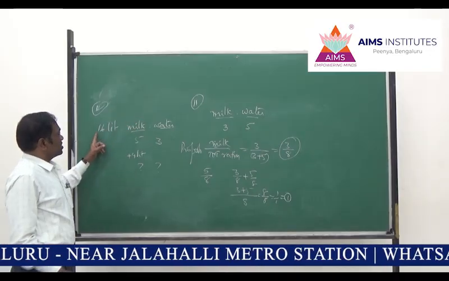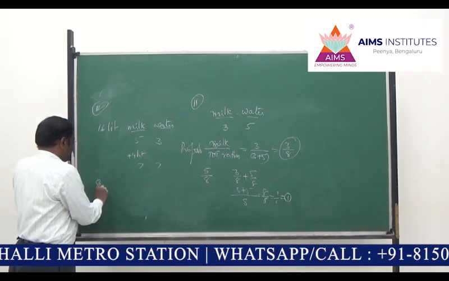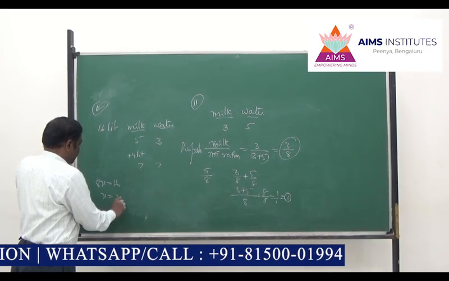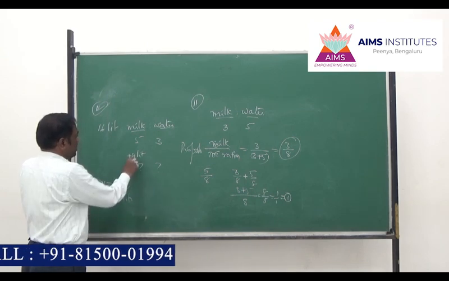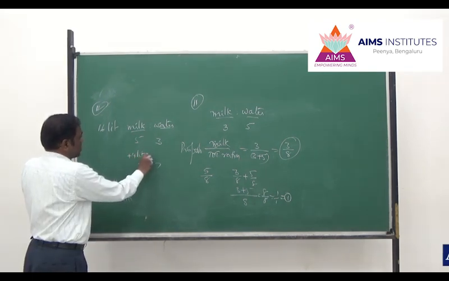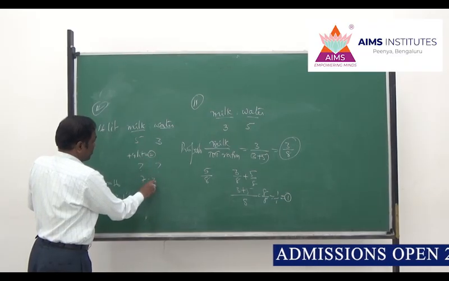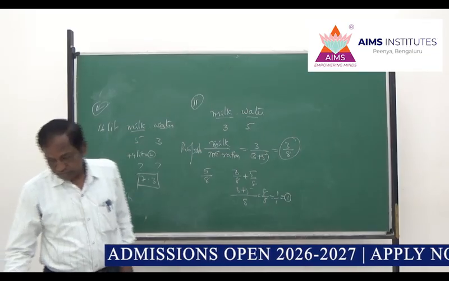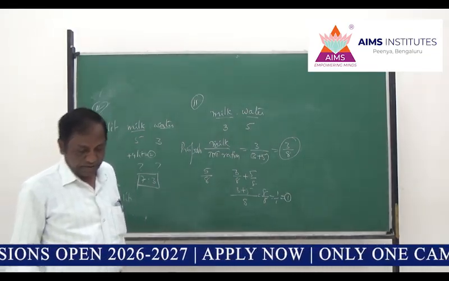Total quantity is 16 liters. Total ratios is 8, so 8x is equal to 16. What is the x value? 2 liters. It means 4 liters is equal to 2 ratios, so 2x. Total ratio 7, 7:3. Option B.